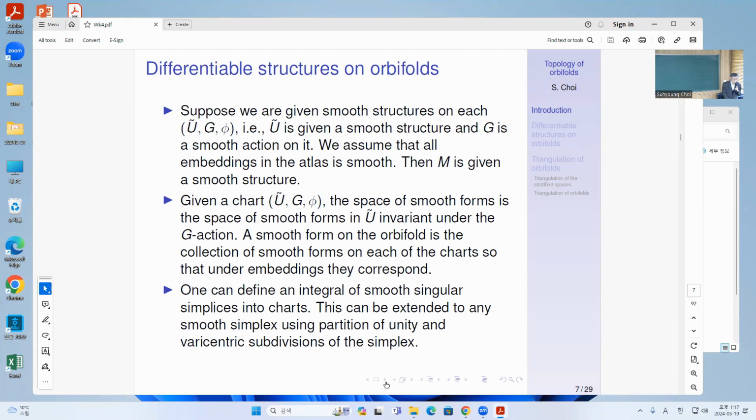Sorry, this should be B here. So you can define the integral just as in manifolds, for simplices or singular simplices and singular chain complexes and those kinds of things.